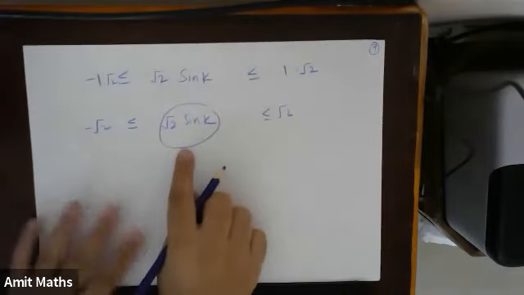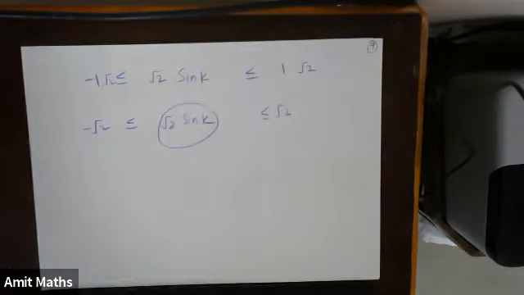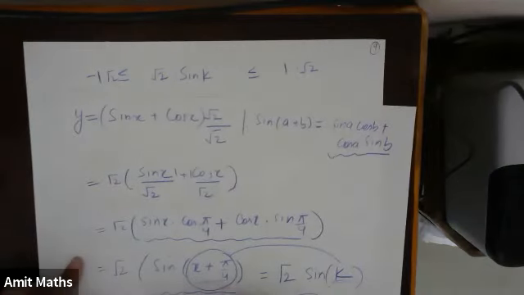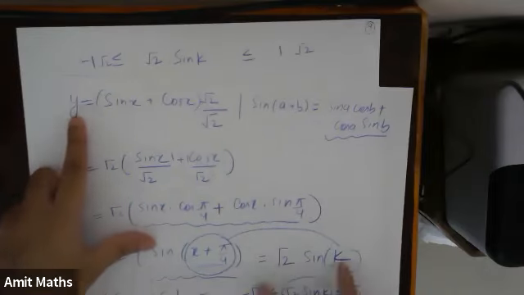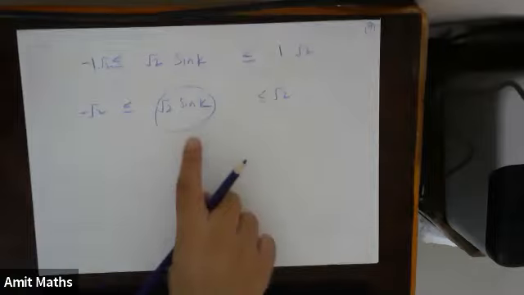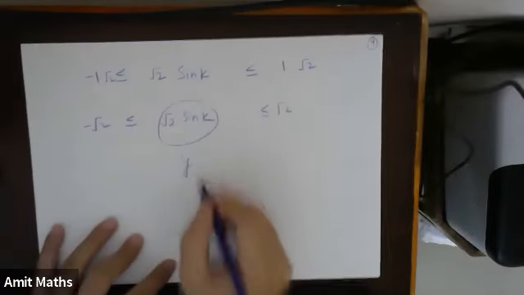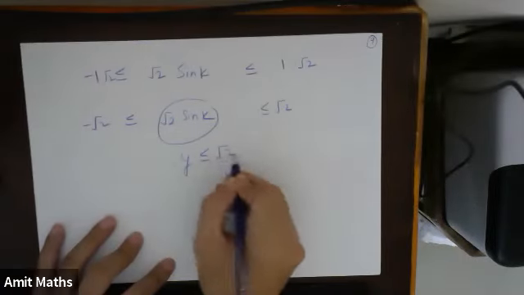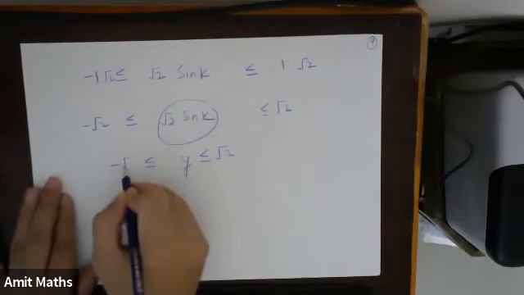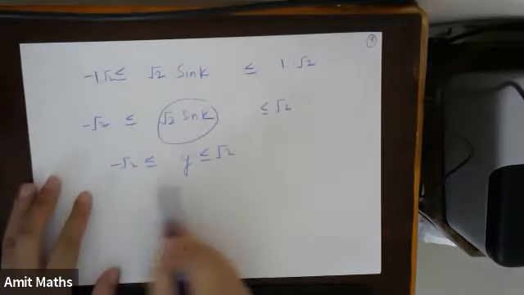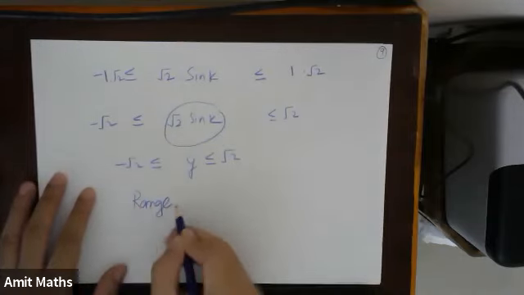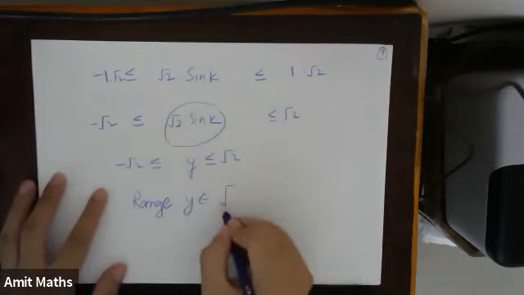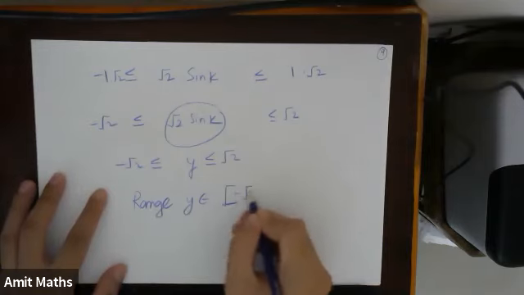This is nothing but the function we have converted, the y whose range we have to find. So I'll simply write this as y. So y is less than or equal to root 2 and greater than or equal to minus root 2. If this is the condition we are getting, then the range of y belongs to minus root 2 to root 2.